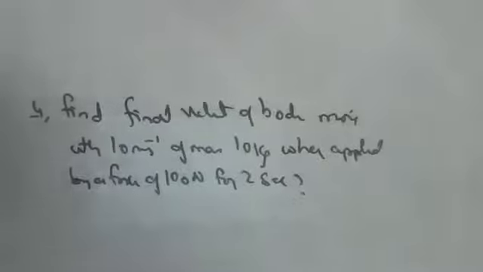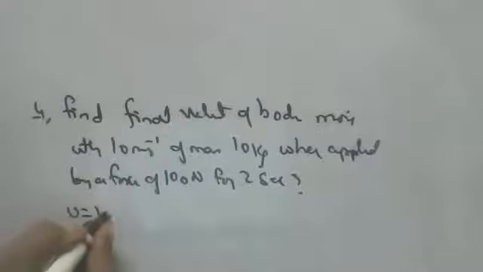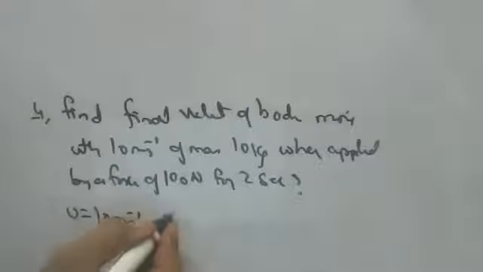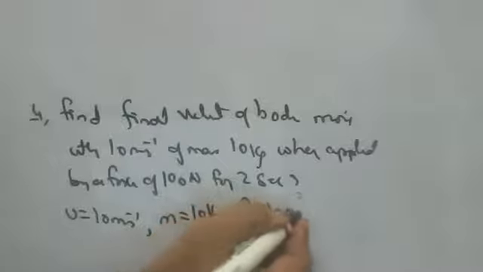Final velocity I'm asking. Like this also question will come. Okay, whenever you have confusion, you should write first the data, what they have given. Compulsory you should write data. If you write data, half of the sum will be completed.